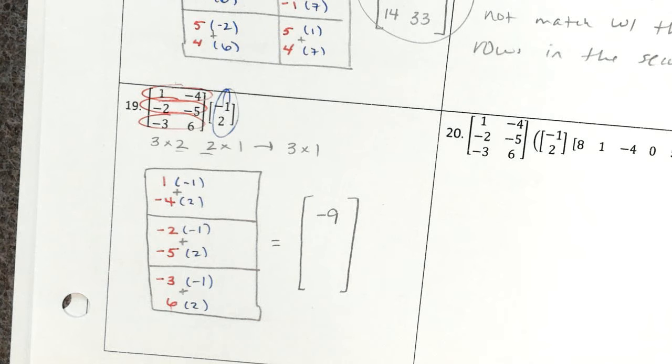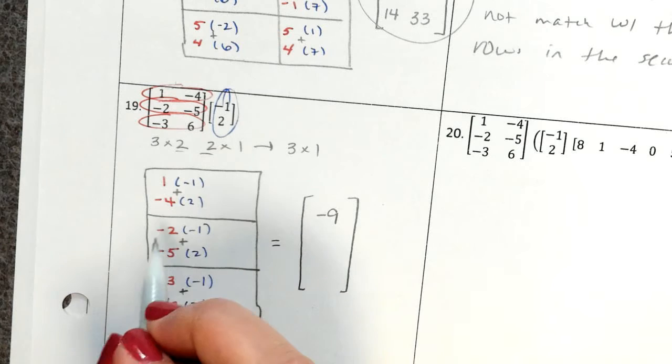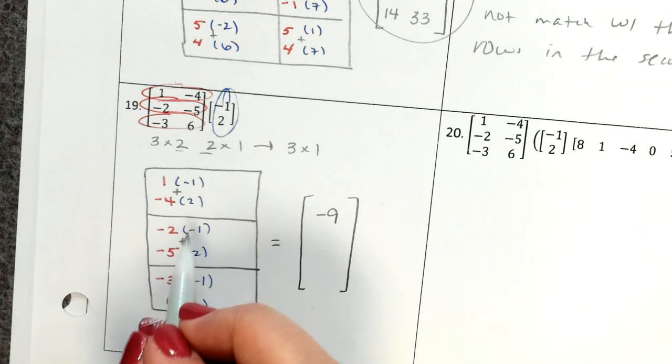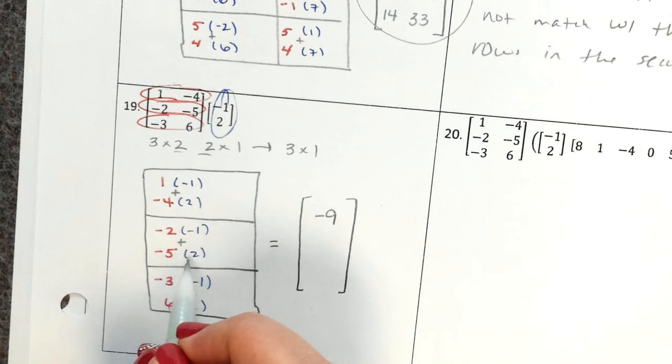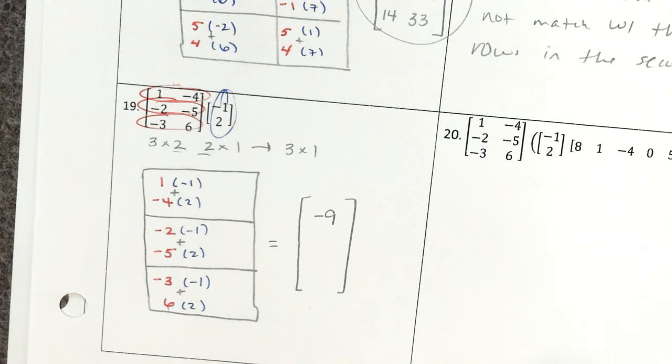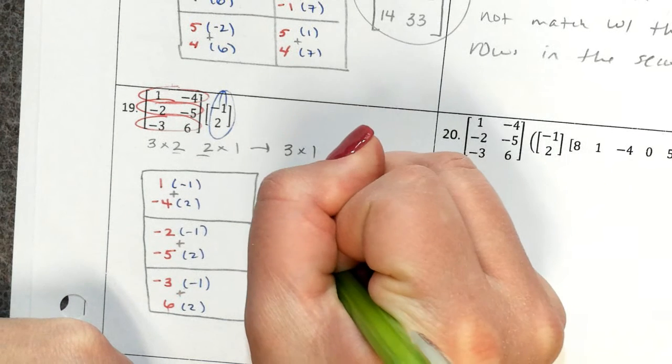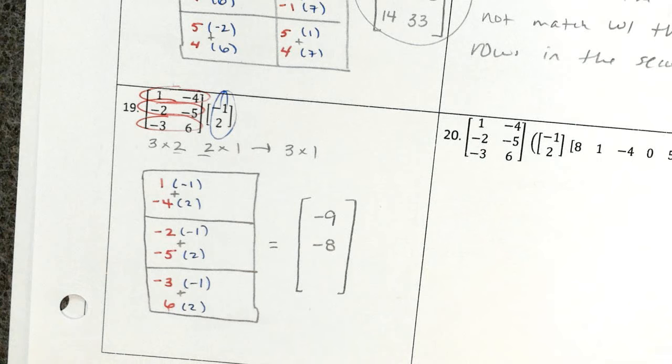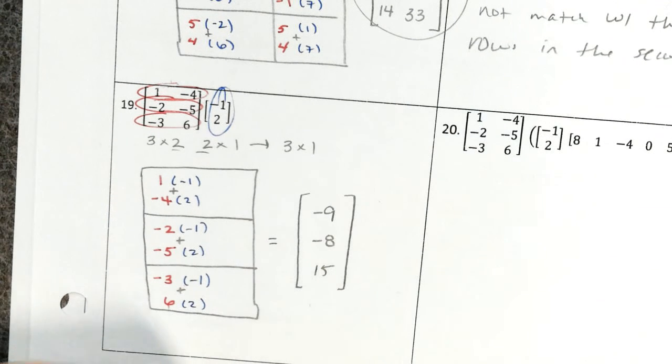Did I do that right? Okay. -2 times -1 is a +2. That'll be a -10. +2 and -10, -8. And +3 and 12 is 15. How's that look?